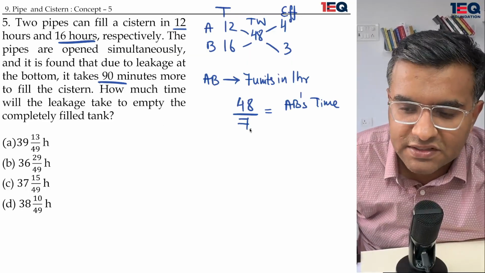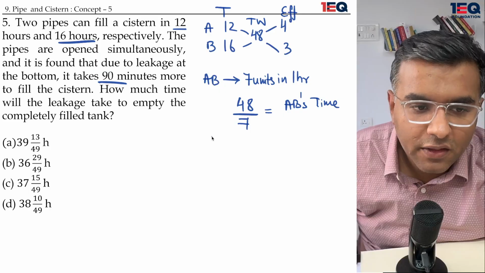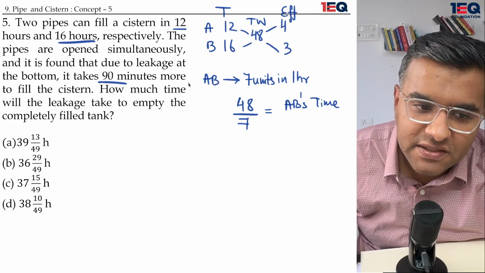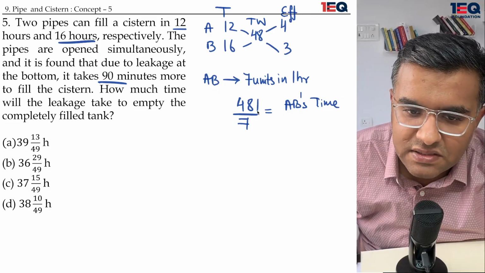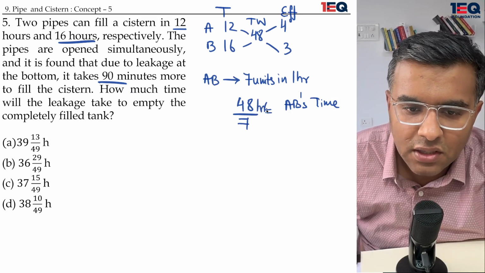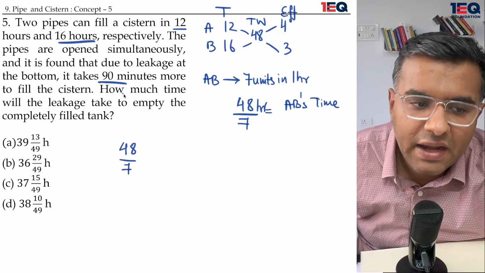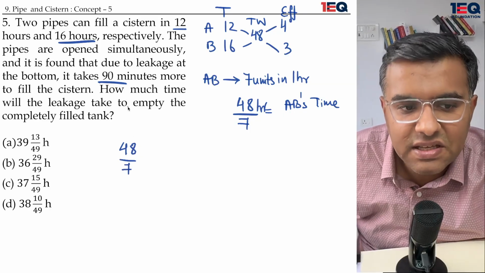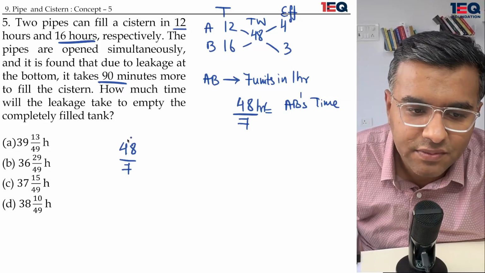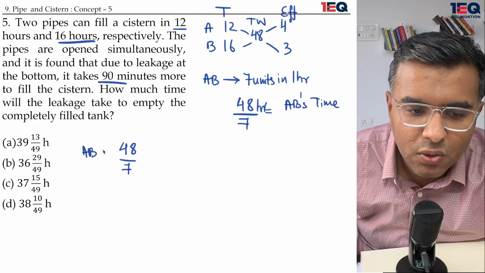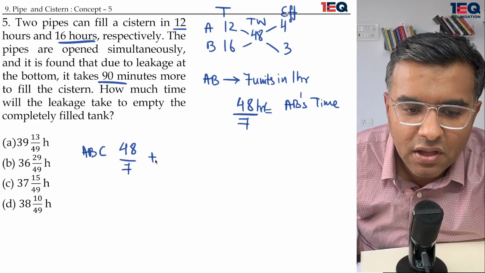48 upon 7. The question says that it takes 90 minutes more, and 48 upon 7 is in hours. 90 minutes extra is taken when C is also open. C is the leakage. So A, B, and C together would take 48 upon 7 plus 90 minutes.